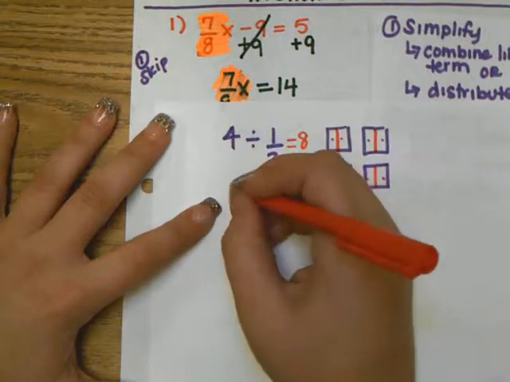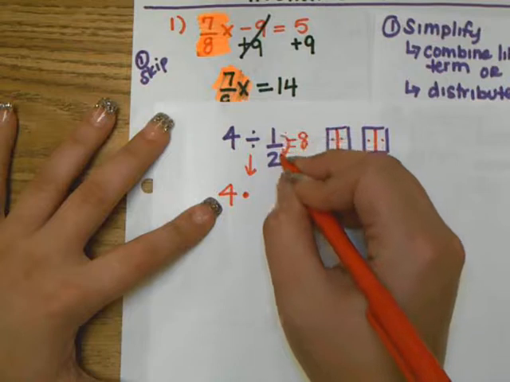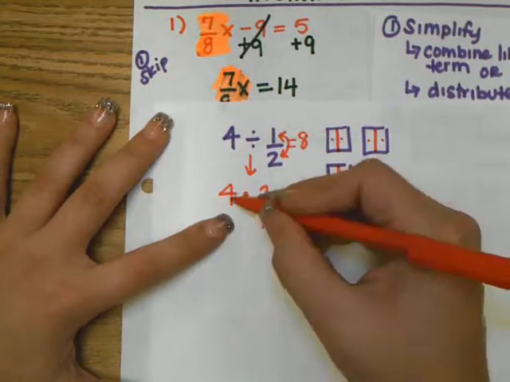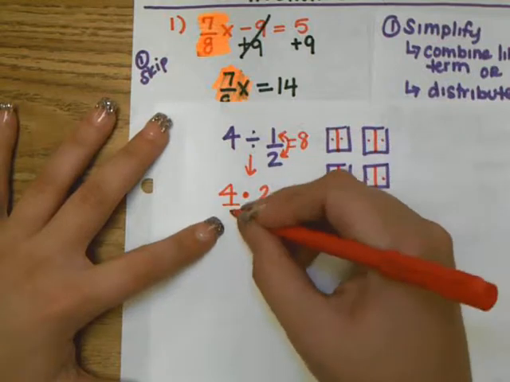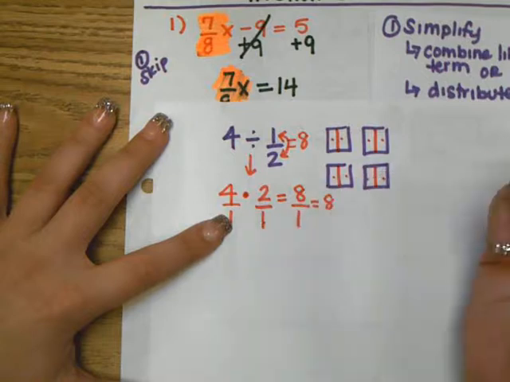Because dividing is the same thing as multiplying by the reciprocal. So 4 times 2 is 8. 1 times 1 is 1. So it's just 8.